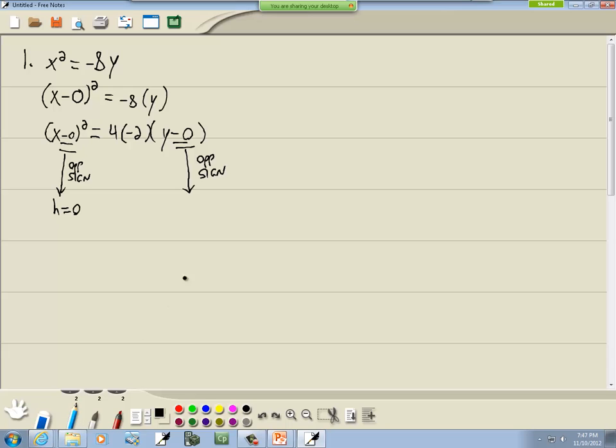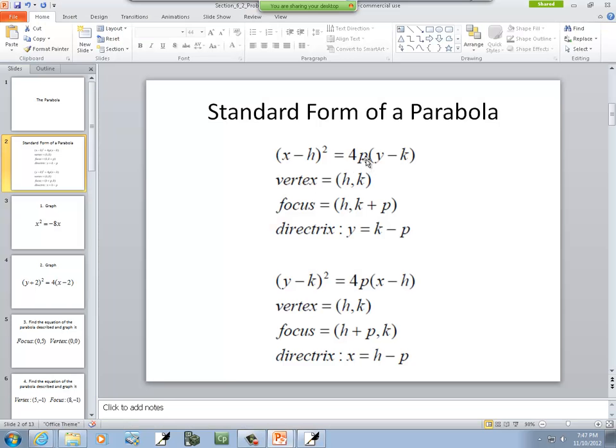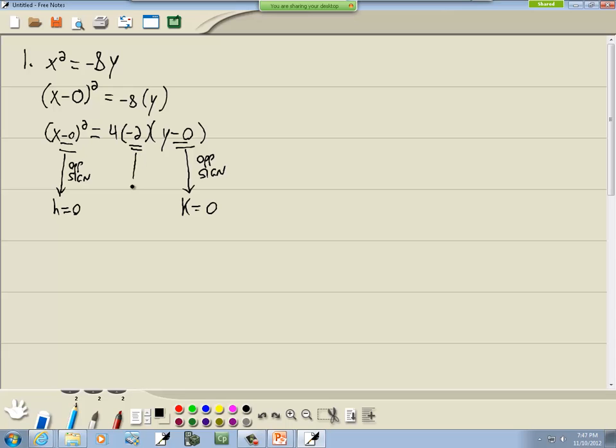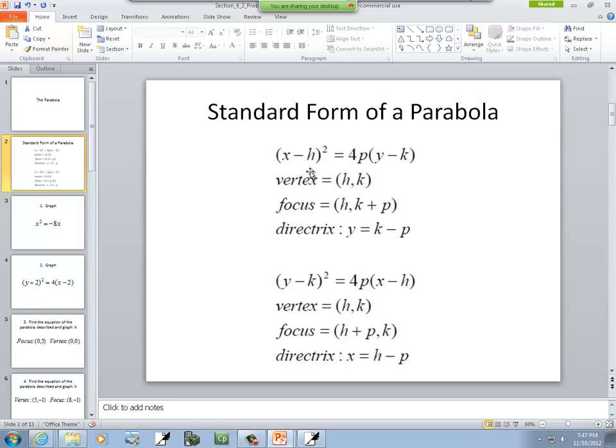Now k is just going to be equal to 0 because 0 doesn't have a sign. And this is our p, 4 times p, and this is going to be the same sign. So whatever sign it was, it stays. So p is equal to negative 2. If you're wondering why it's the opposite sign, whenever you have a minus in your formula like this, that always will flip signs.